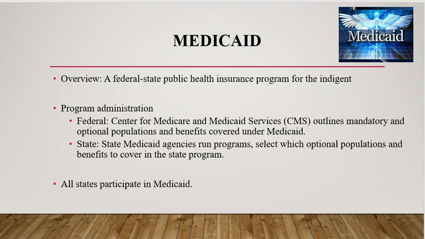Also, the State Children's Health Insurance Program, now known as CHIP, which is the Children's Health Insurance Program, was established in 1997 and reauthorized by the Affordable Care Act through 2019 with extended funding through 2015.